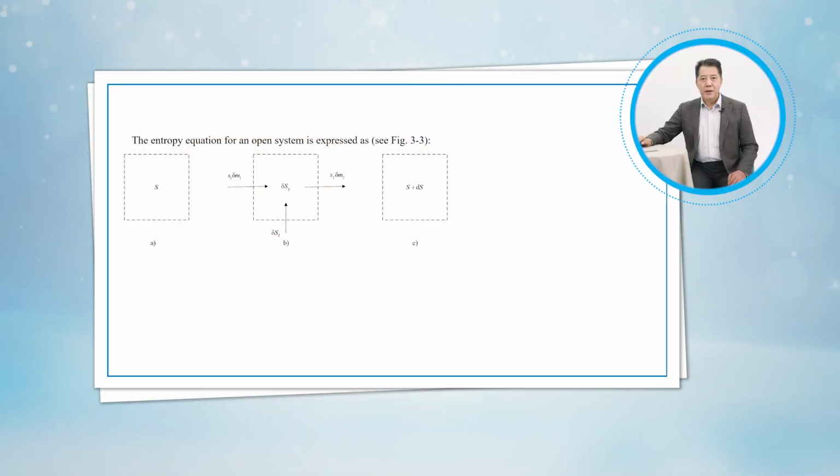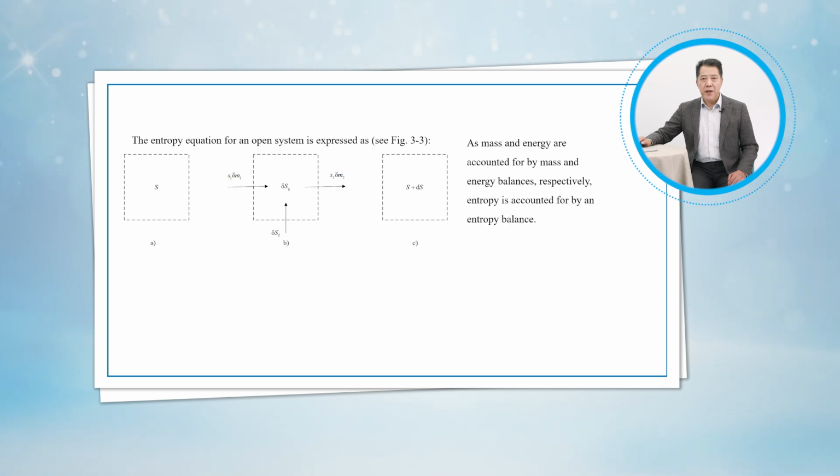The topic of this task is about the entropy equation. For an open system as shown in Figure 3.3, the entropy equation can be introduced based on the entropy balance.